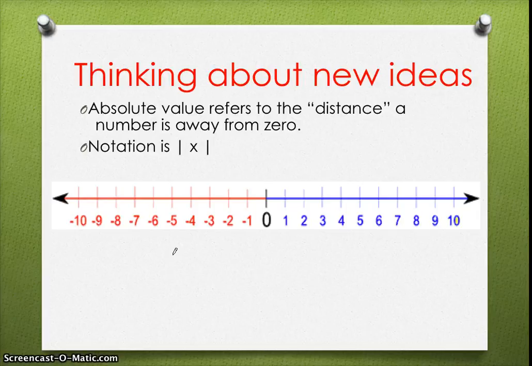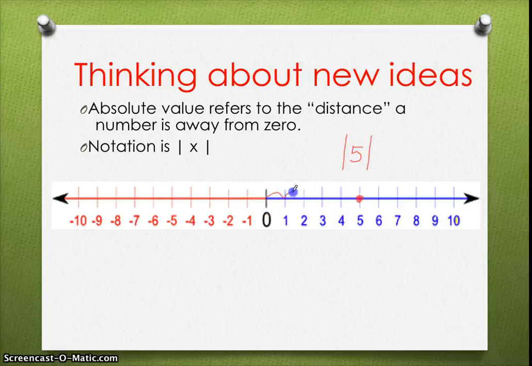So for example, if I asked you to give me the absolute value of the number 5, the notation is the 2 bars, and inside you write the number 5. So I would go ahead and find where 5 is, and I need to count or visualize how far this number 5 is from the 0. So I can either start from the 5 or start from the 0 and count the units between them.